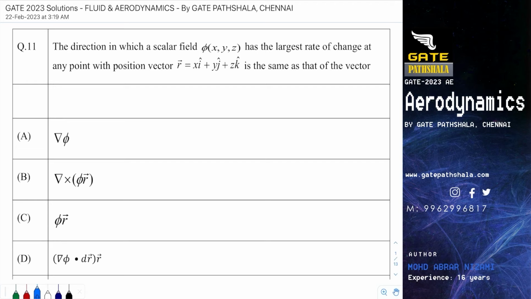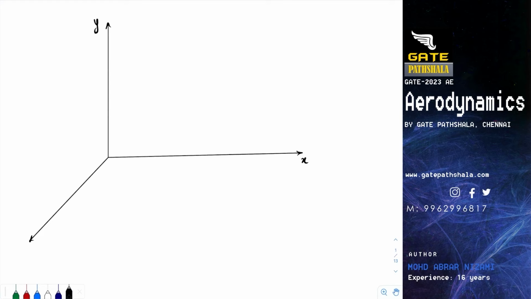So if you have any scalar field, for example, if I consider a Cartesian system like this, and we have, let's say, several points representing the values of the scalar field function like phi1, phi2, phi3, phi4, phi5, phi6, phi7, phi8, phi9, phi10, phi11, and so on.